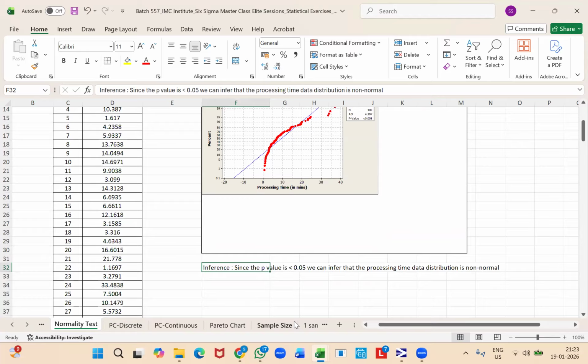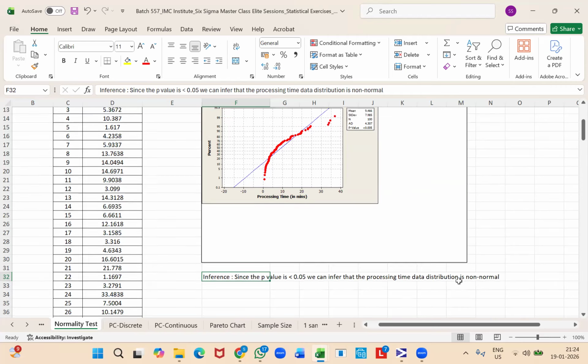So with p-value greater than 0.05 for 95% confidence level, we will be accepting the null hypothesis. So what is the null hypothesis? Data distribution is normal. So that's why I told you p-value greater than 0.05, we will infer that the data distribution is normal. With p-value less than 0.05, we will be inferring that the data distribution is non-normal.